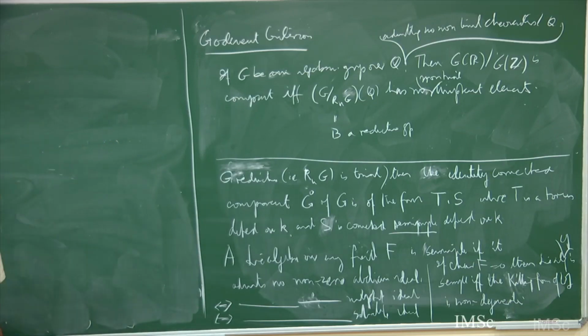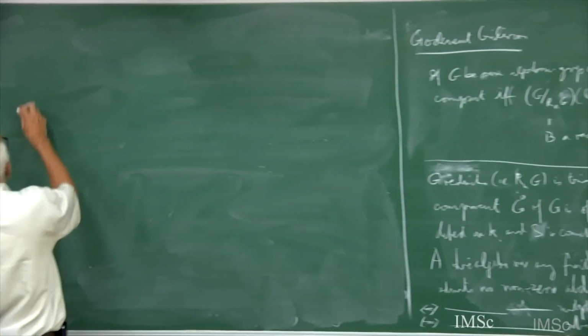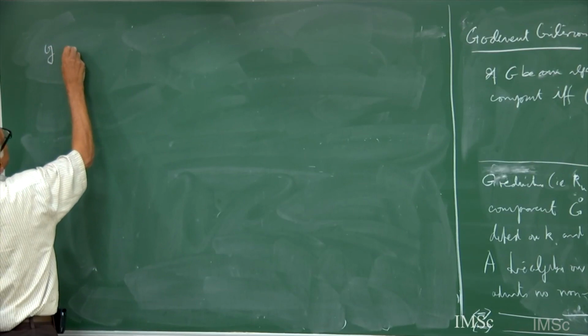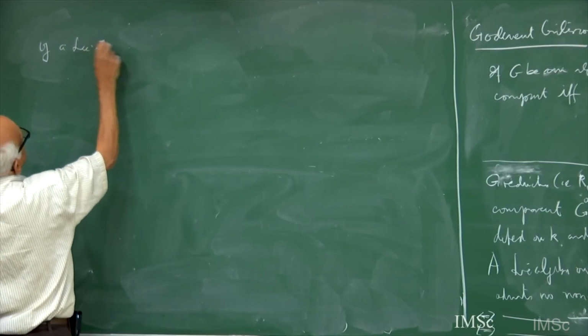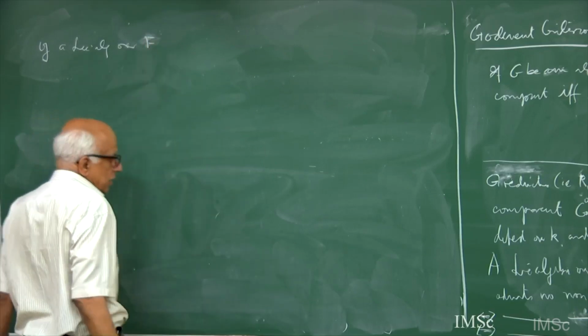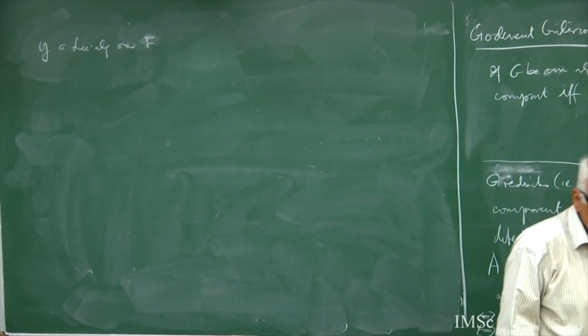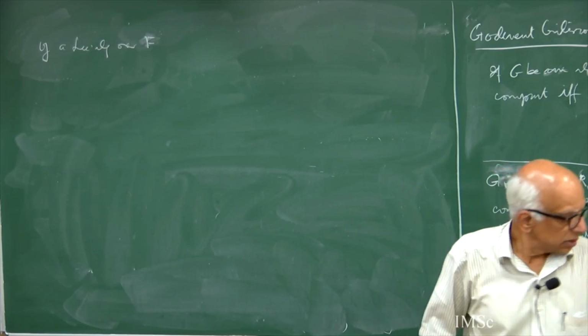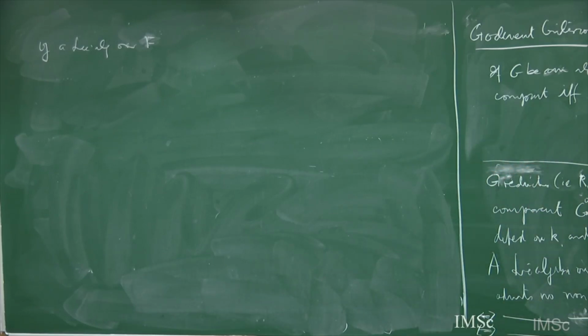If you have a Lie algebra G over the field F, then you have a nice representation.